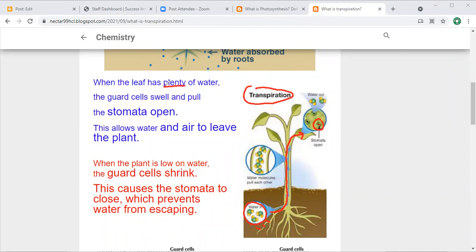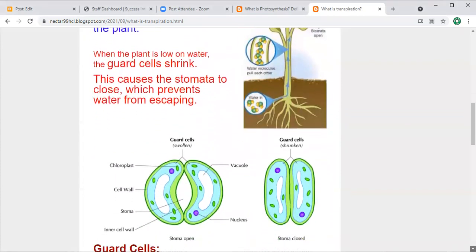When the leaf has plenty of water, the guard cells swell and pull the stomata open, okay? How is this going on? This allows water and air to leave the plant. So what are the guard cells and how is this going on? Now you can see this screen carefully and please concentrate on it.